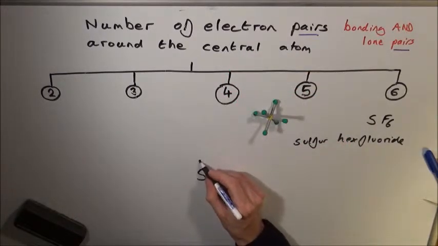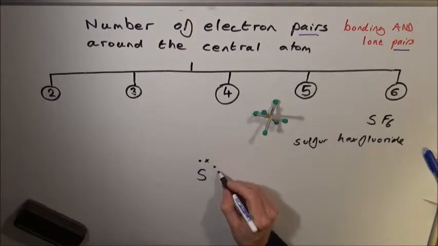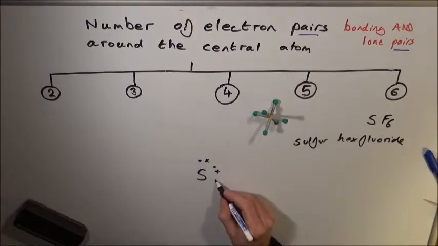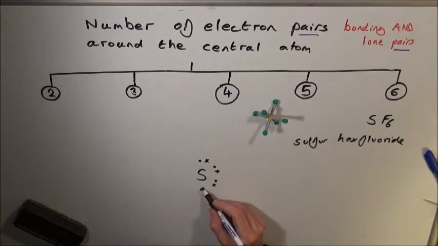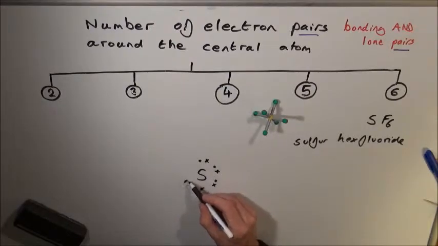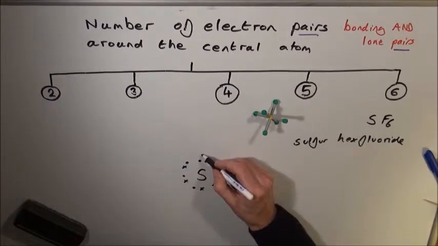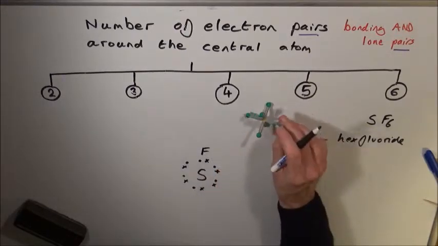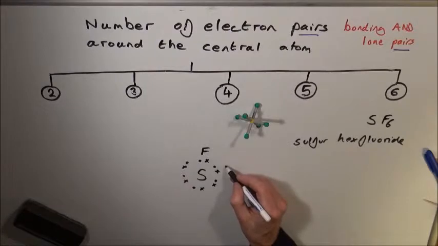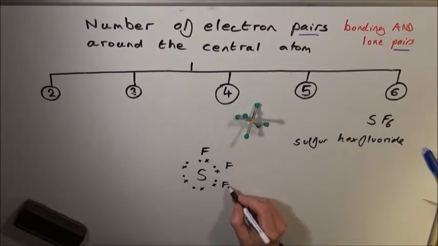I've actually got 1, 2, 3, 4, 5, 6 bonding pairs around the sulfur because I've got 6 fluorines attached. There they are.